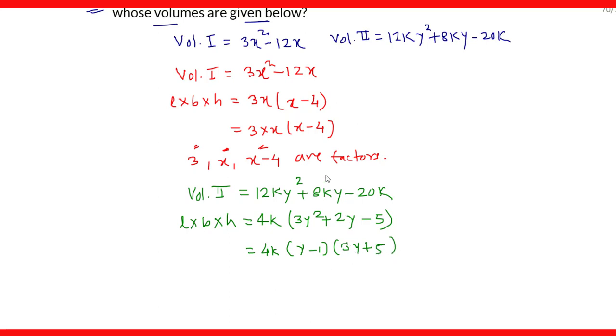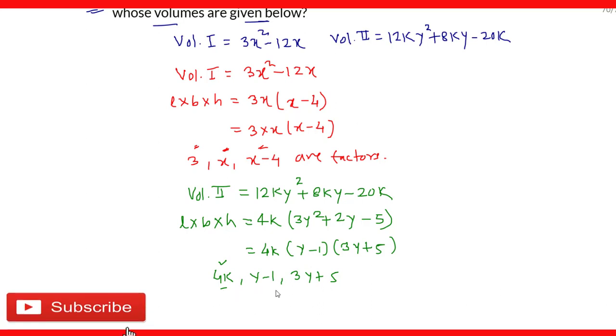So these are the three factors of the given expression, and therefore the factors are 4k, y minus 1 and 3y plus 5, and therefore the three possible dimensions of the given cuboid are 4k, y minus 1 and 3y plus 5. So here this may be the length, breadth or the height. So these three are the possible dimensions of the given cuboid.